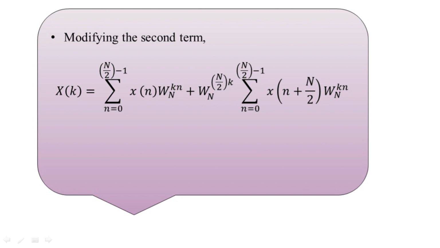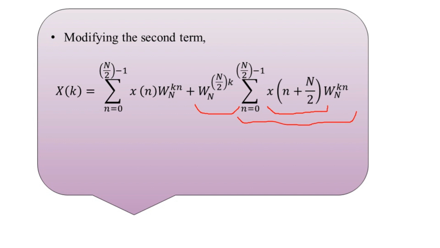Here the second term is represented first of all as W suffix capital N to the power N by 2 into k, multiplied to the summation where small n is equal to 0 to capital N by 2 minus 1 operated over x of n plus capital N by 2 into the twiddle W suffix capital N, and the power is small k into small n.